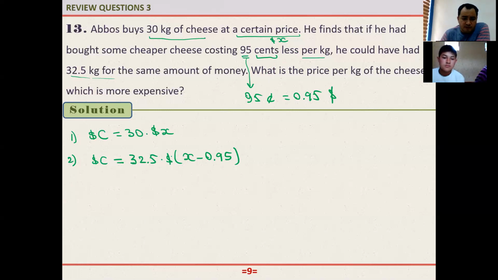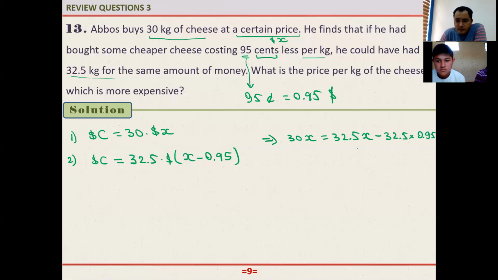So that is all. So now we need to solve this equation. Since the total cost is the same, the left-hand sides must be the same. So now we need to change this into a mathematical equation. I don't have to write the symbols here. 30x is equal to 32.5 times (x minus 0.95), that is 32.5x minus 32.5 times 0.95.